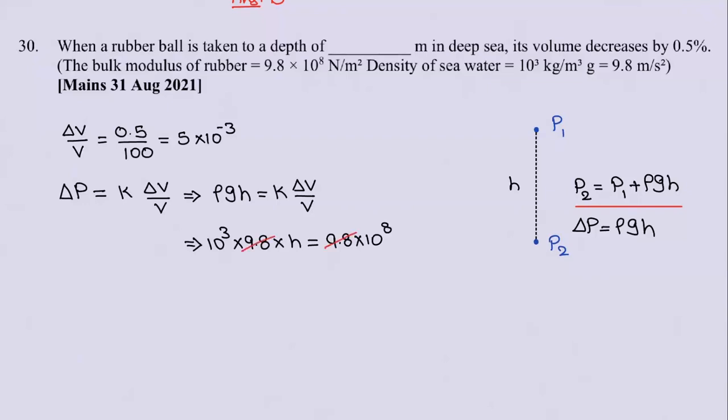K into delta V by V. Delta V by V is 5 into 10 power minus 3. Depth H is equal to 5 into 10 power 2. It has to be 500 meters deep. Half a kilometer. The answer will be 500 meters deep. Correct answer.